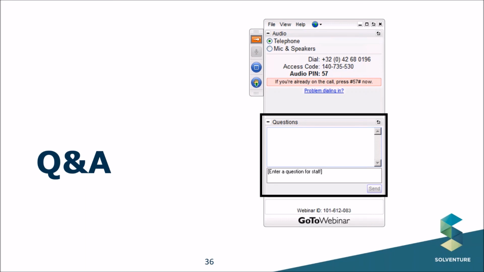The last question I got here is: can that exercise be used also to define an MTO or MTS strategy? Well, good question. To me, that's the entire goal of segmentation. With segmentation, MTO and MTS, you have to see it also as a service. So the question is, do you want to offer that service to all of your customers?